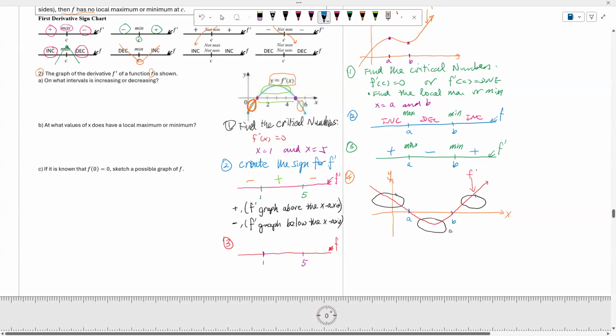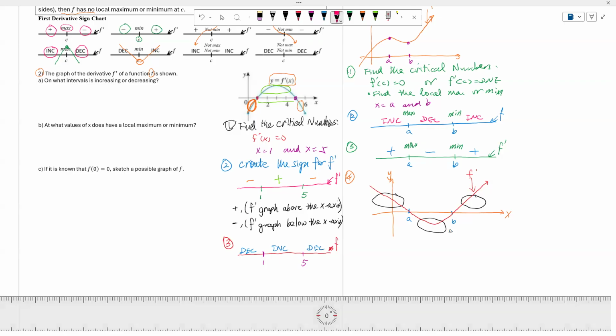Okay. Then now, negative means that the function is decreasing. And then positive, positive of f prime, right, means increasing of f. And then negative, decreasing again.